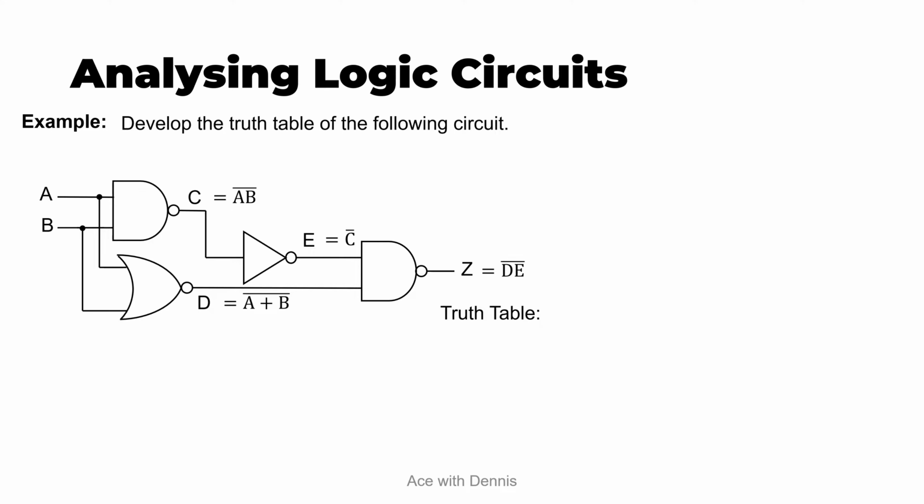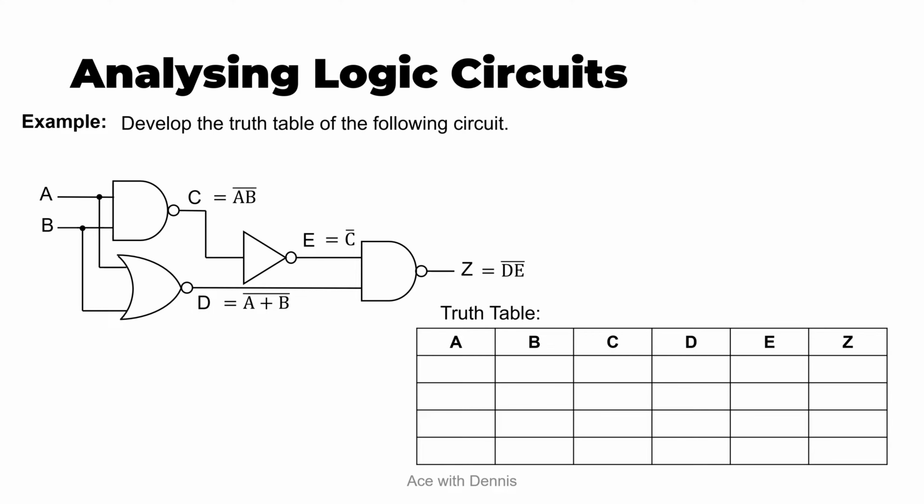So let's build the truth table. For AB, again, there are four possible combinations: 0, 0, 0, 1, 1, 0, and 1, 1. For point C, it is AB bar, hence the result will be 1, 1, 1, 0. For point D, it is A plus B, bar, so the result will be 1, 0, 0, 0.